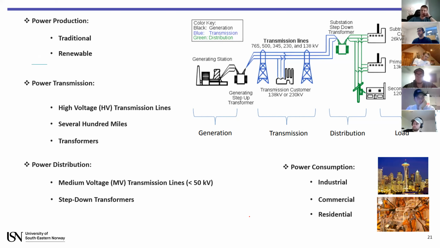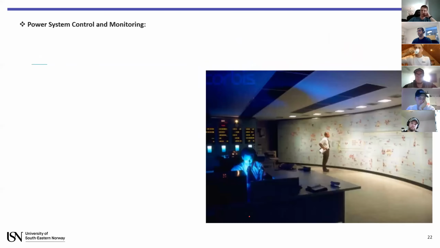And one of the most difficult things in power system analysis is how to model a load, because there are many parameters that affect how to model a load in the power system.